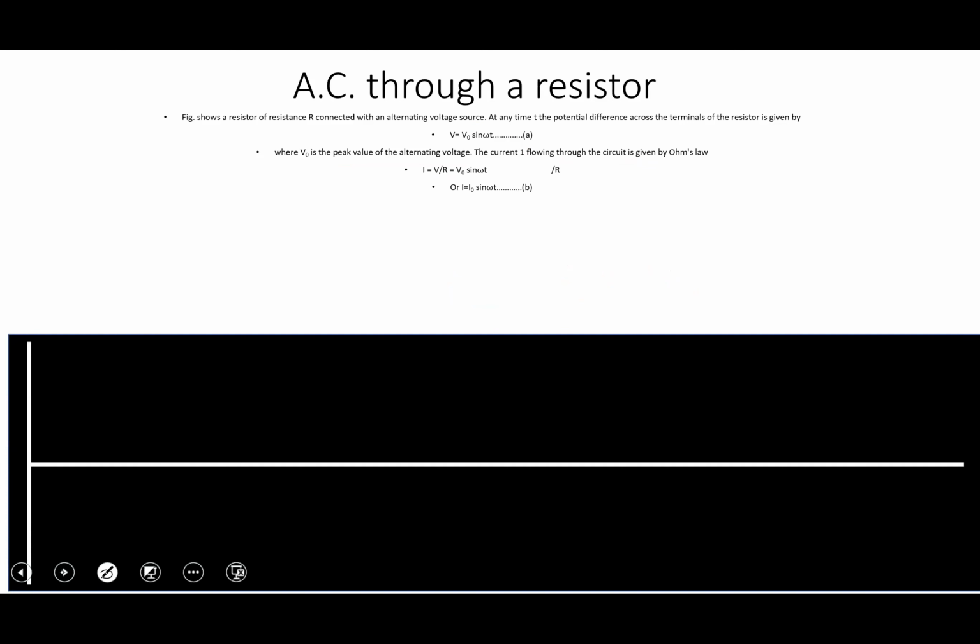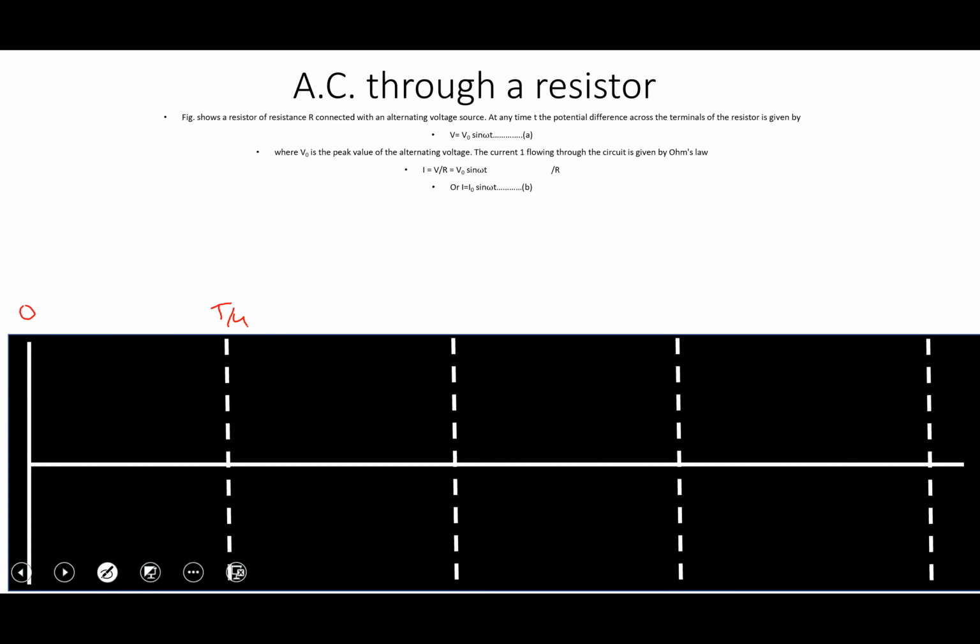As we know, we have the whole time period for one coil to rotate, and we divide it into 4 components. Over here it is 0, then T by 4, T by 2, 3T by 4, and this is T, the whole time period. Now in this case, because both of them follow the sine function, both are represented by parallel vectors like this.